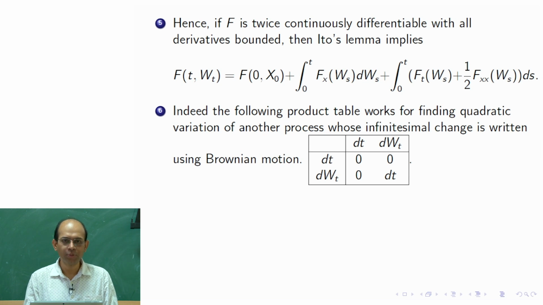This is not very clear, however this table really works. Whenever one has such products, dt into dt one can put 0, dt and dwt one can put 0, and dwt into dwt one can put dt, okay. So, this product table really works for calculating the quadratic variation of other processes.